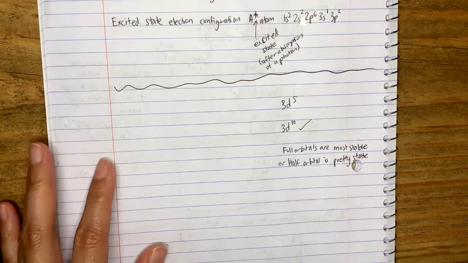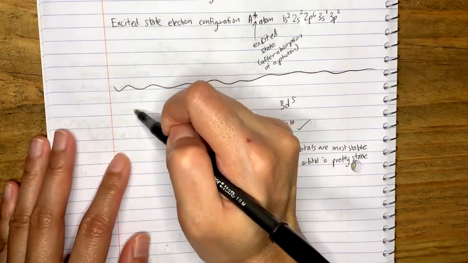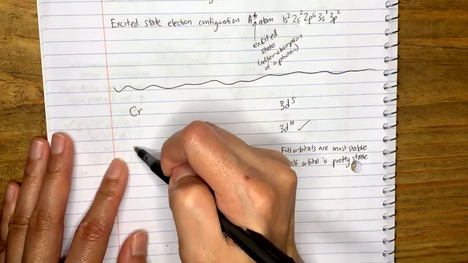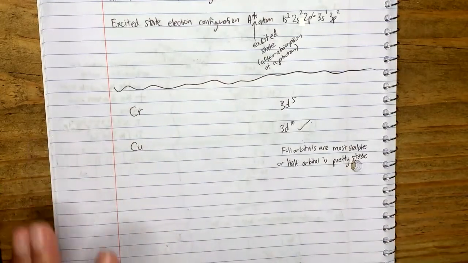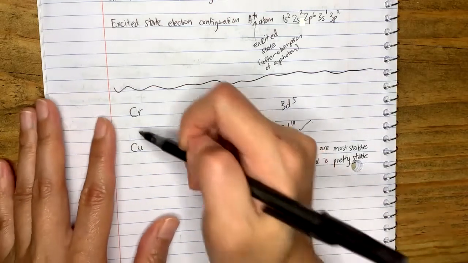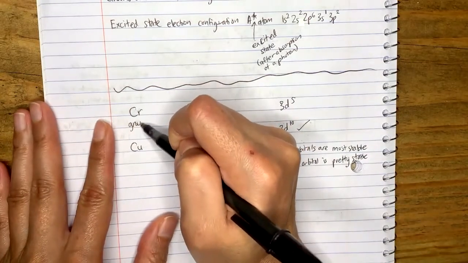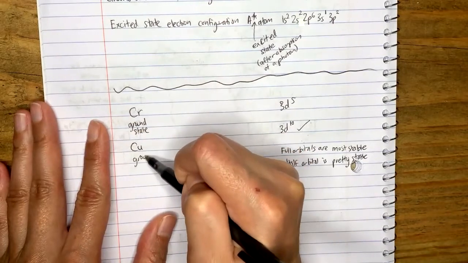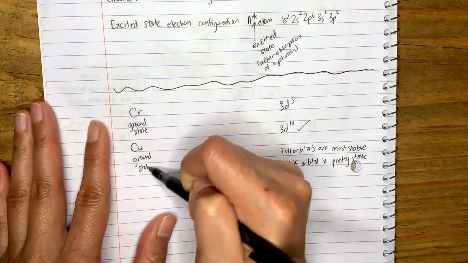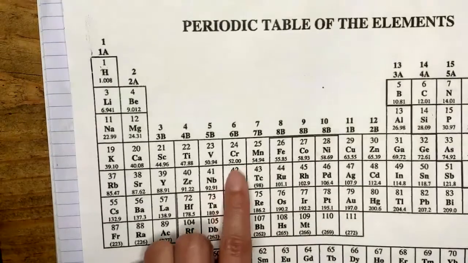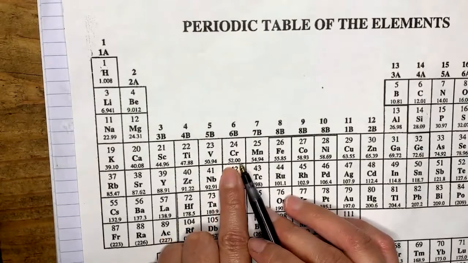Okay, so I'll show you when that can change. Let's take a look at chromium, and then copper. These ground states are not what you would expect. Chromium is the fourth one in your 3d.